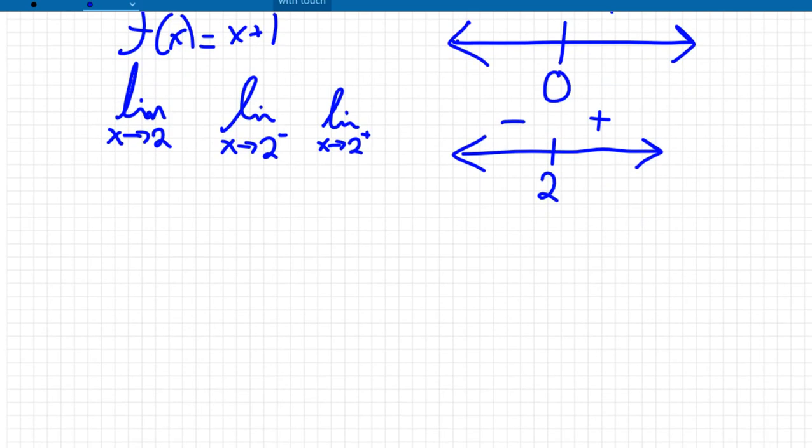Alright, so let's just take one of these for example to start with. So the limit as x approaches 2 from values greater than 2. So we'll denote the limit as x approaches 2 with the plus. So what are some values that are close to 2 but aren't 2 that are greater than 2?